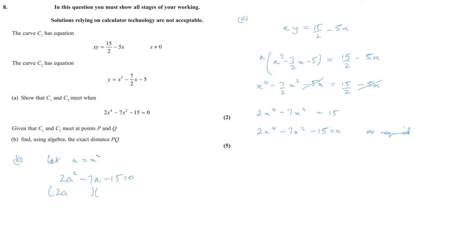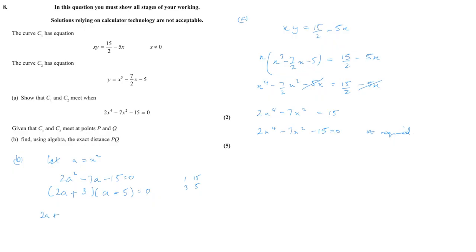So this is going to be 2a and a, and 15 is 1 and 15, 3 and 5. We've got to get to 7. So 10 take away 3, because it's going to be the 2 times. So we've got that scenario there. We've got to have minus 10 plus 3. So that's what we've got.